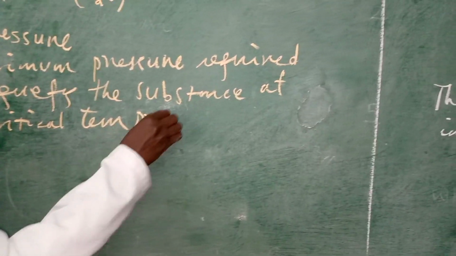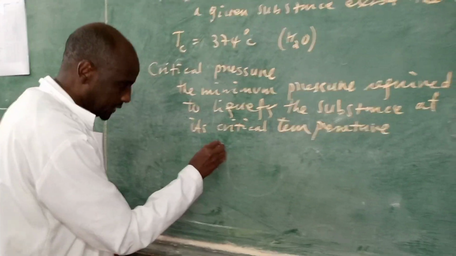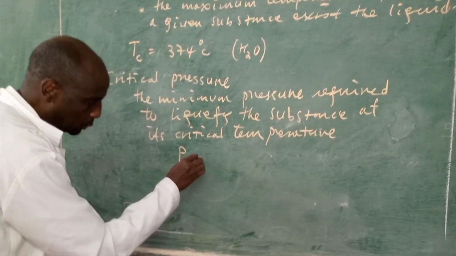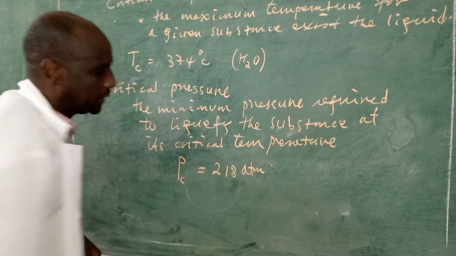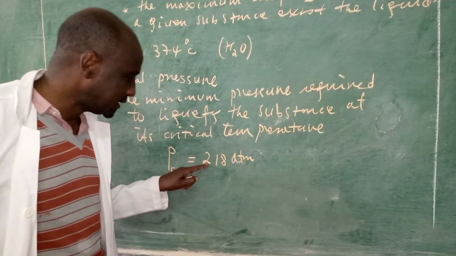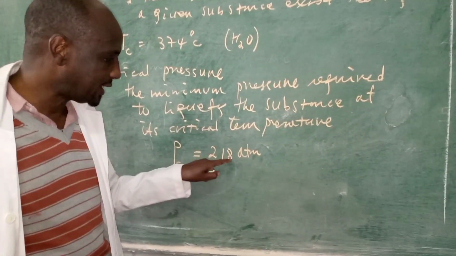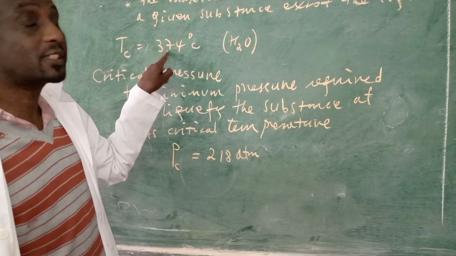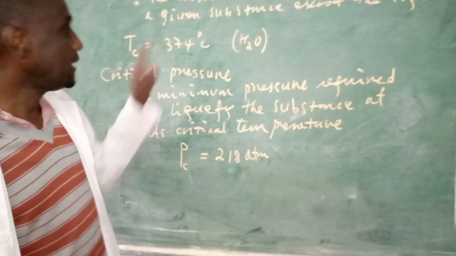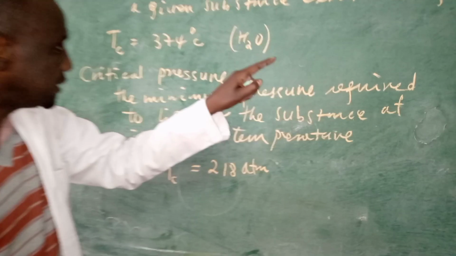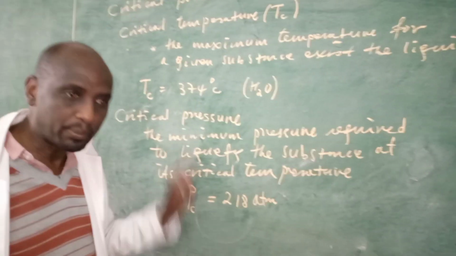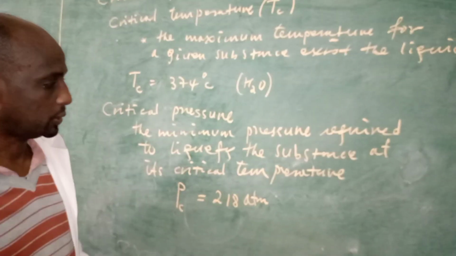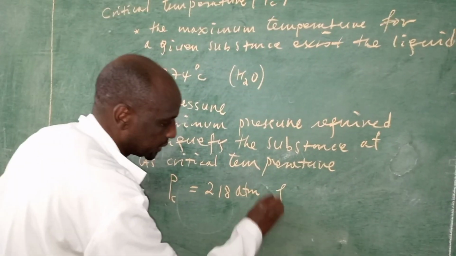For example, the critical pressure for water is 280 atm. Water can be liquefied when we apply 280 atm at 374 degrees Celsius. If the temperature is beyond 374, we never liquefy it by any pressure. We never liquefy the water. This is for water.